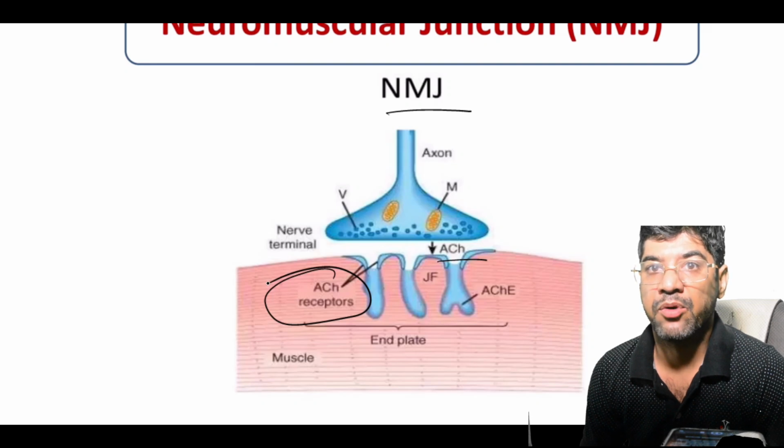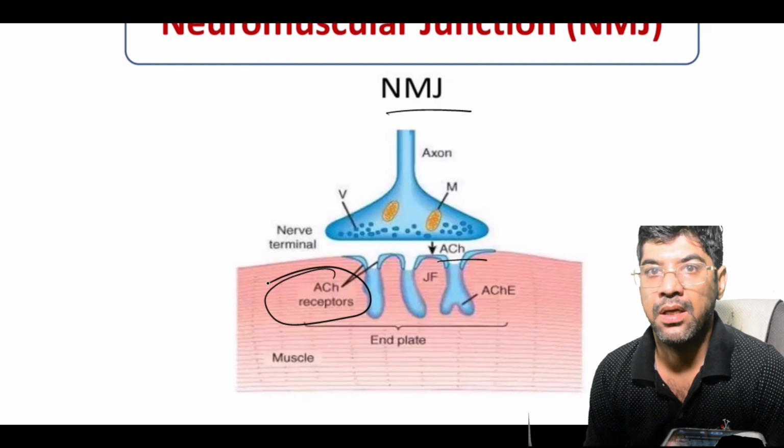Non-depolarizing agents provide longer muscle relaxation, suitable for prolonged surgeries. The depolarizing agent like succinylcholine is used for short procedures like intubation due to its rapid onset and short duration. So why is succinylcholine preferred for short procedures? Because of its rapid onset and short duration of action.